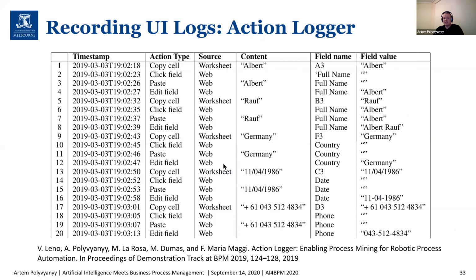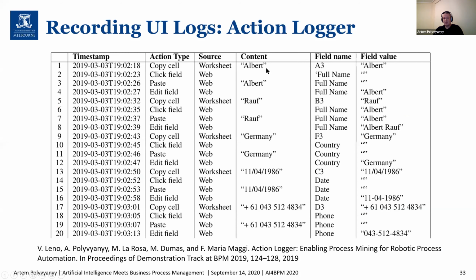So this is the UI log we record. I'll just say a few words about some of the steps of this pipeline. In addition to the three usual suspects of the events in the event log, actually there is no case ID here. So in addition to timestamp and action, we will not have a case ID because this is a continuous trace, and there will also be a payload of other attributes that we believe are important.